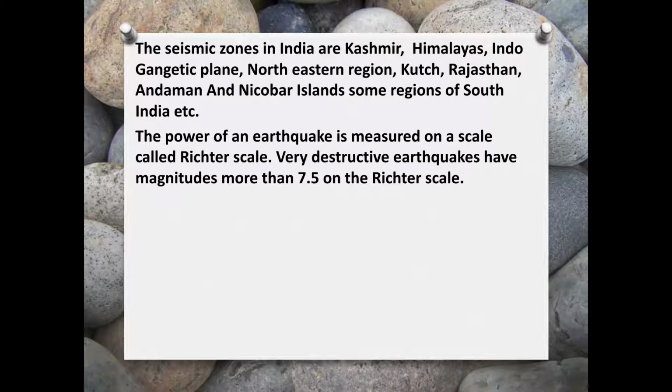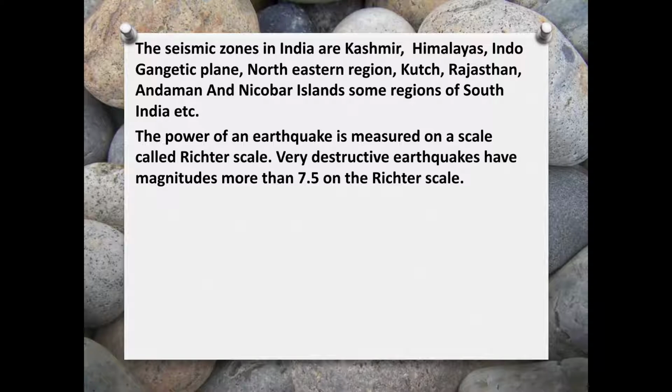Imagine you are using a ruler to measure some distance. Centimeters is what you will use. In the same way, to measure an earthquake's intensity, how strong the earthquake is, we use something called the Richter scale. Any magnitude that is more than 7.5 is dangerous. And how long is an earthquake?